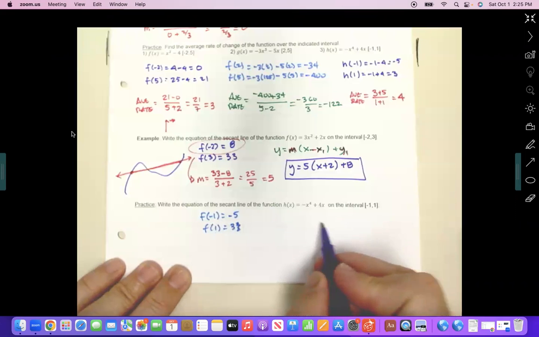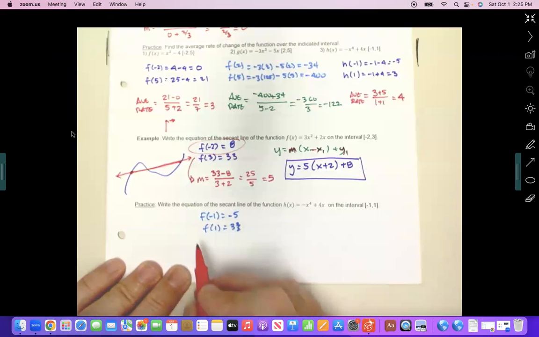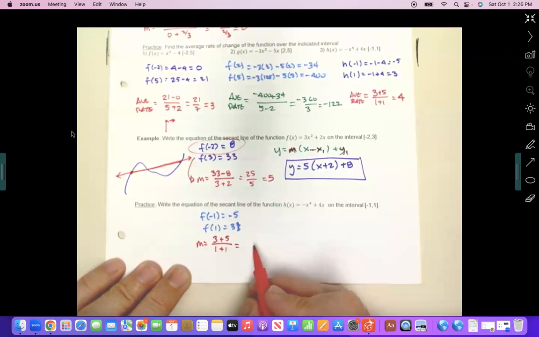Therefore, we can calculate our slope. That's going to be 3 minus negative 5 divided by 1 minus negative 1, or a slope of 8 divided by 2, or 4.